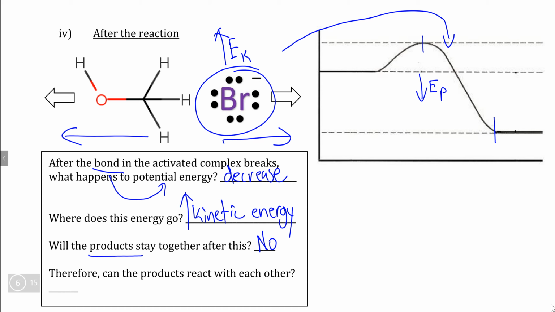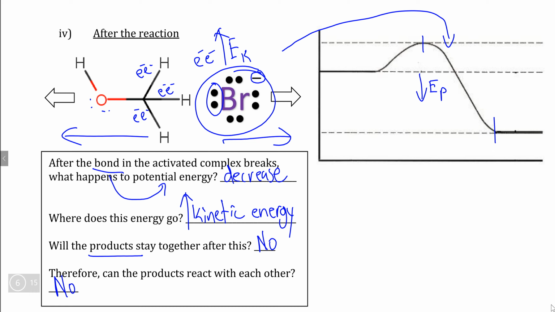The simple reason for this is that if we look at charge, our bromine, which is now an ion, has an extra pair of electrons, which means its negative charge is even stronger than before. Considering all of the electrons in all of the bonds of our newly formed product molecule, this negative charge doesn't want to stay next to the other product, and therefore our products are going to move away from each other.